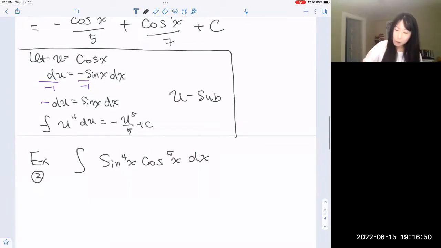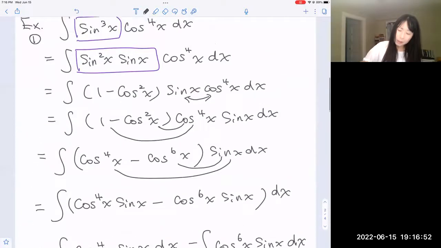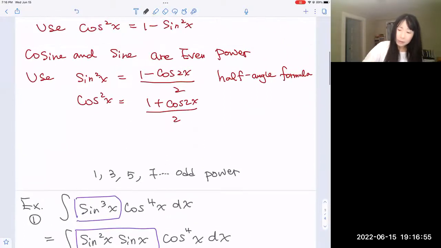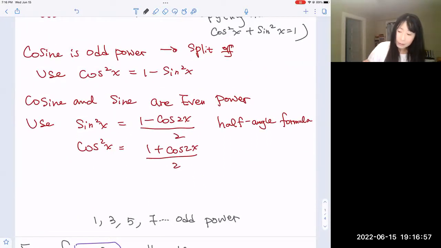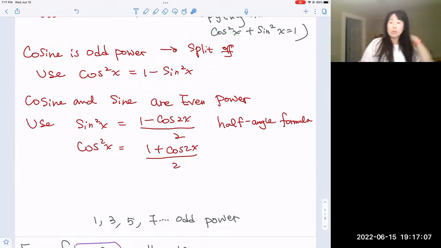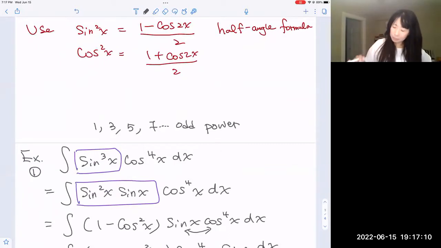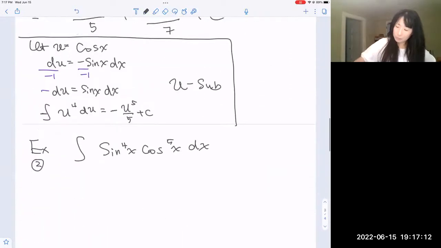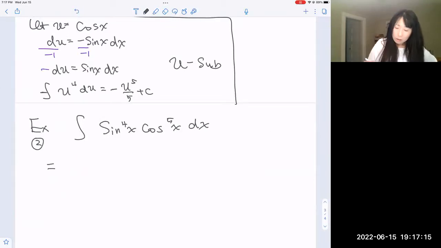So cosine has the odd power, then the strategy says that we're going to split off, and we use this formula when cosine is odd. We're going to have cosine squared x, then cosine third power, right? So let us do that.